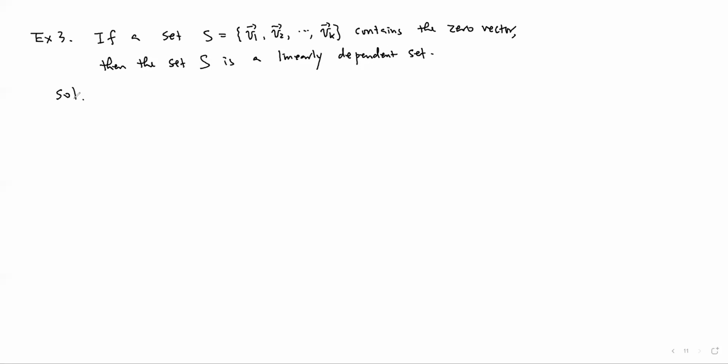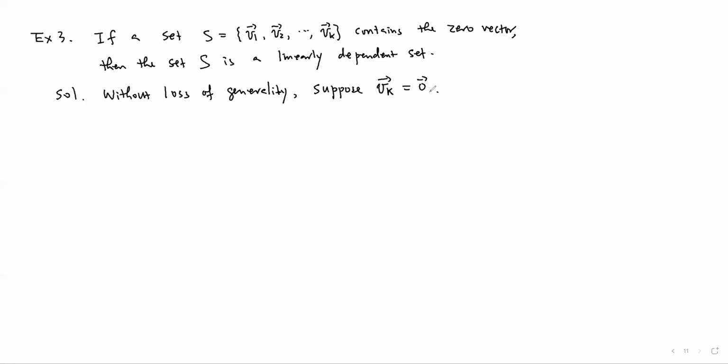Why? K vectors, I don't know which one is a zero vector. Without loss of generality, suppose Vk is 0.